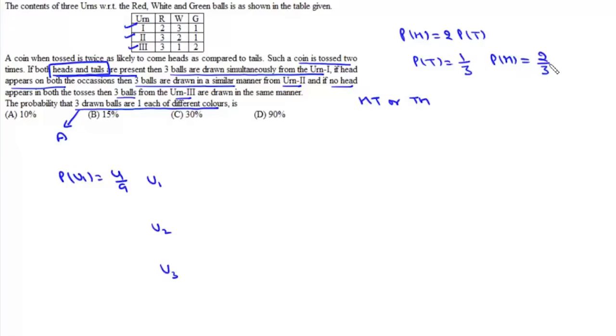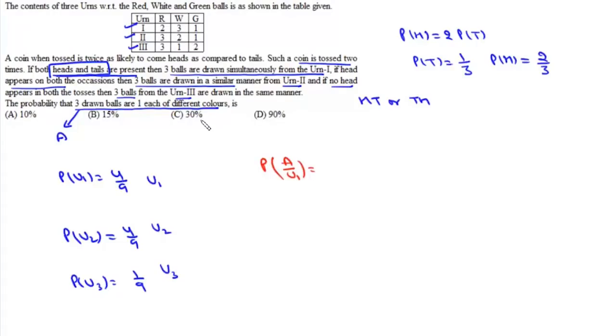There will be 2 by 3 into 2 by 3, which again is 4 by 9. So probability of U2 is also 4 by 9, and the probability that both are tails is simply 1 by 9.